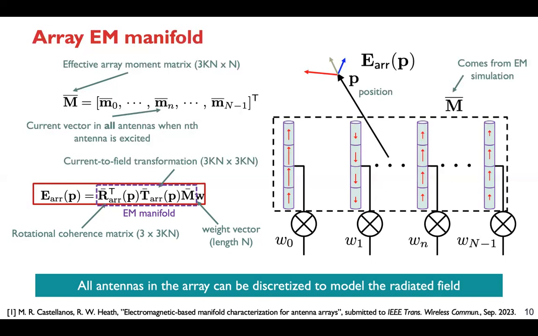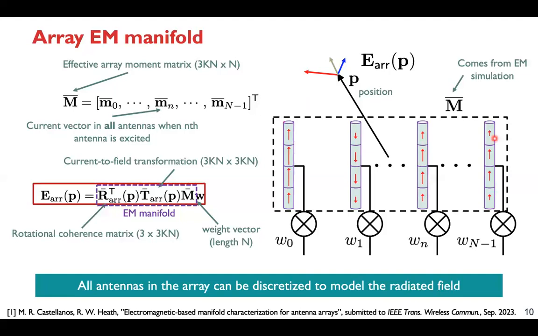To characterize an array using the same framework, the process is functionally the same. If we have N antennas in our array, we can discretize each of those antennas separately to obtain arrays of Hertzian dipoles for each of those antennas. And if we can describe the radiated field from each of those Hertzian dipoles in this extended array, then we would equivalently characterize the radiated field from the array.